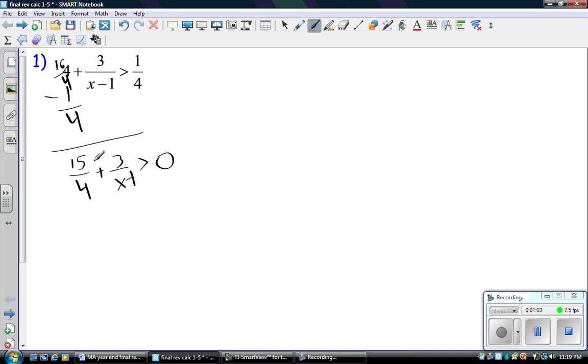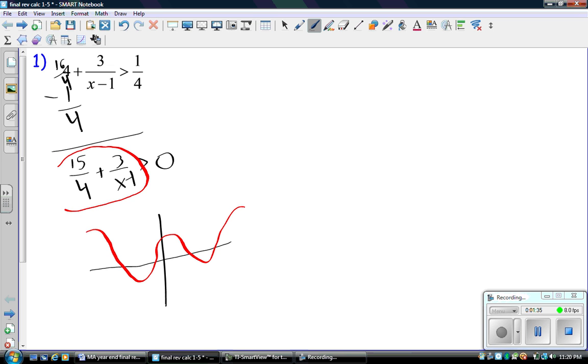So I'm going to graph this now, and now remember, I'm just going to graph this side, and I want to know when all this stuff is bigger than 0. So I'm going to see when the graph is above the x-axis, because whenever I graph this, again, I'm going to graph with my calculator, but whatever it ends up looking like, wherever it's above the x-axis, that means the output of the function is greater than 0.